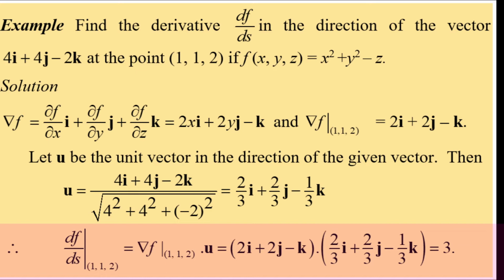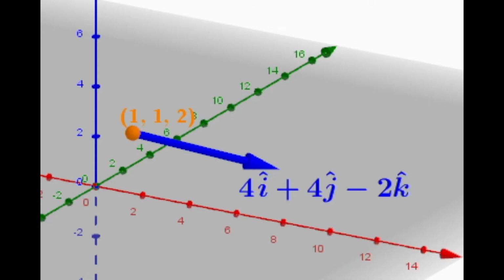So 2i plus 2j minus k dot 2/3 i plus 2/3 j minus 1/3 k simplifies to the scalar 3. That is, the directional derivative of f in the direction of the vector 4i plus 4j minus 2k at the point (1, 1, 2) is the scalar 3.